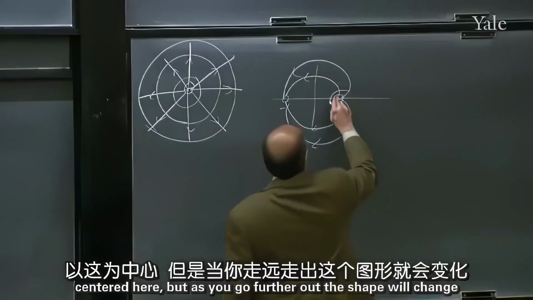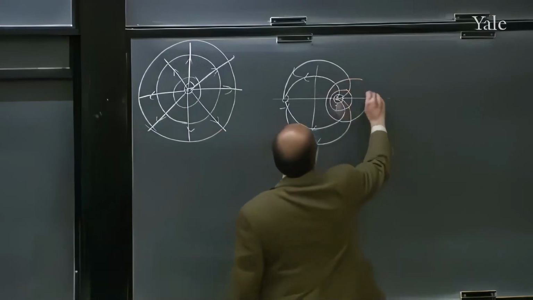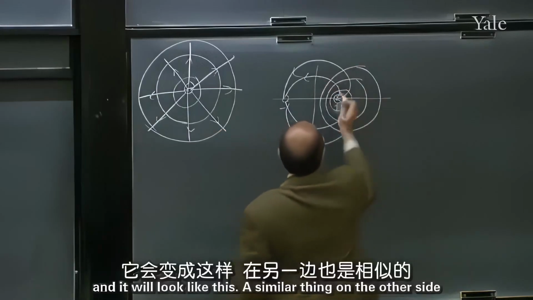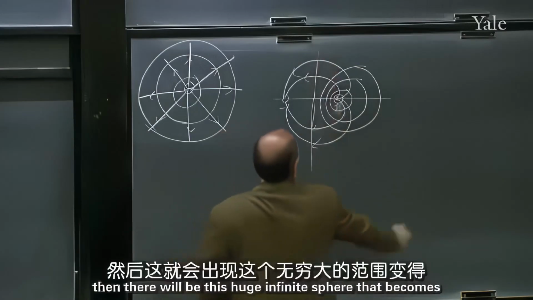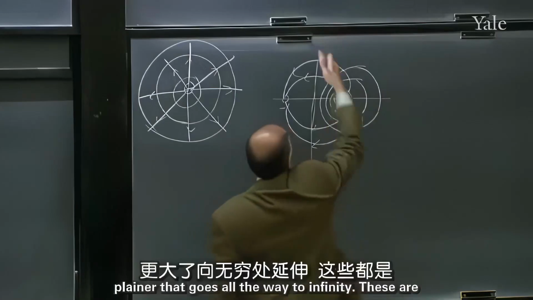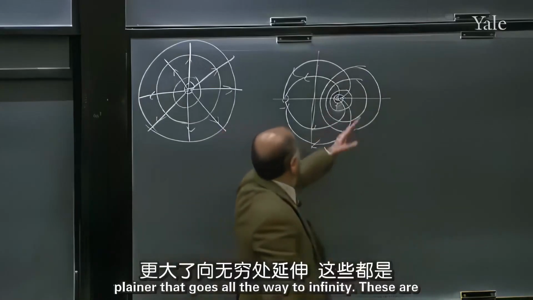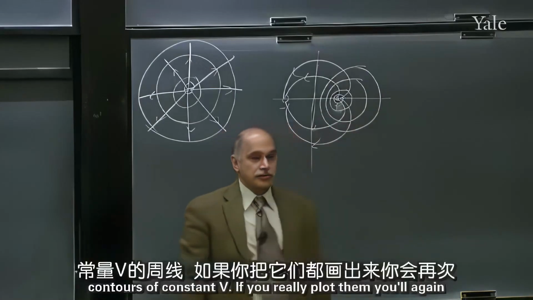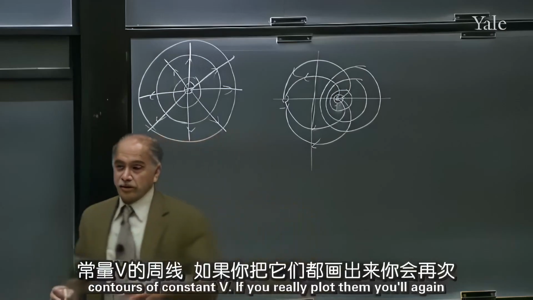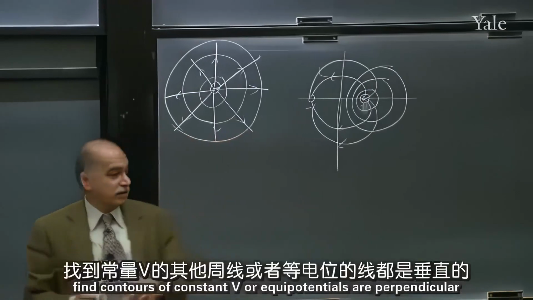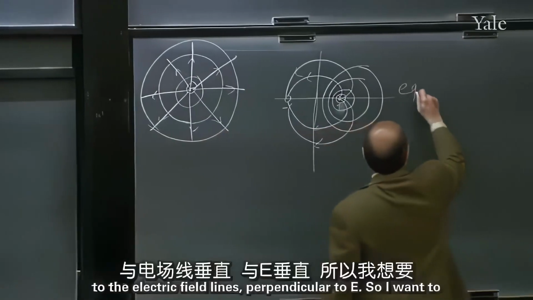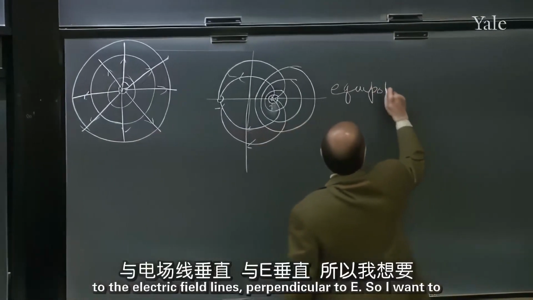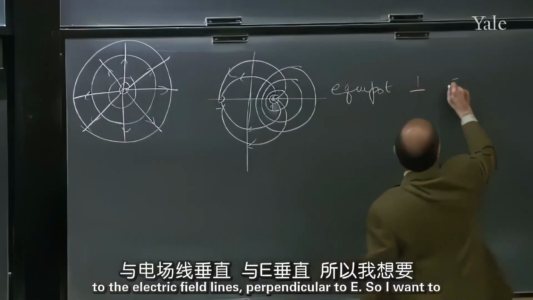But as you go further out, the shape will change, and it will look like this. A similar thing on the other side. Then there'll be this huge infinite sphere that becomes planar, that goes all the way to infinity. These are contours of constant V. If you really plot them, you'll again find contours of constant V called equipotentials are perpendicular to the electric field lines, perpendicular to E.